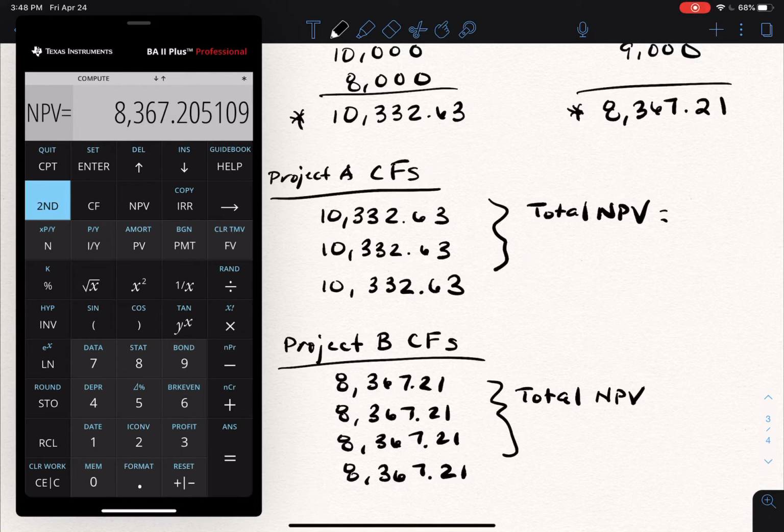So I'm going to go back to my cash flow menu. I'm going to clear work, and what we're going to do is say at year 0, 10,332.63, enter, and this is where it gets a little tricky. There's no cash flow at year 1 any longer.